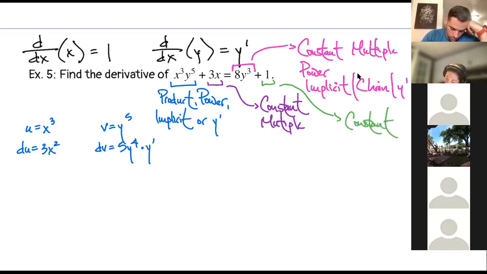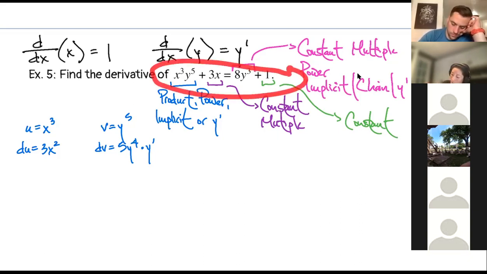So we have a blue, a purple, a pink, and a green part, all right? We're going to string it all together first. And we're going to make sure that we do every single piece and make sure that equal sign is still there, okay?